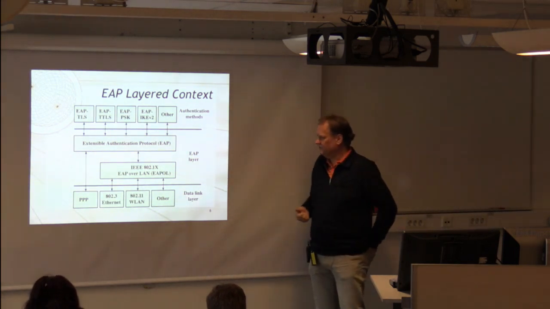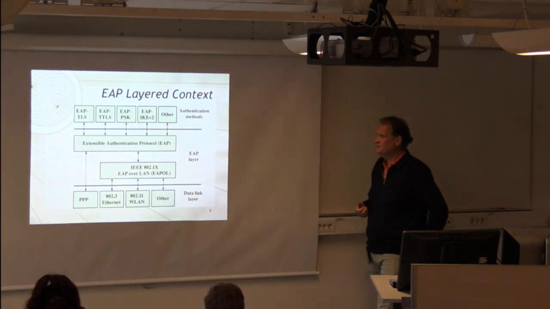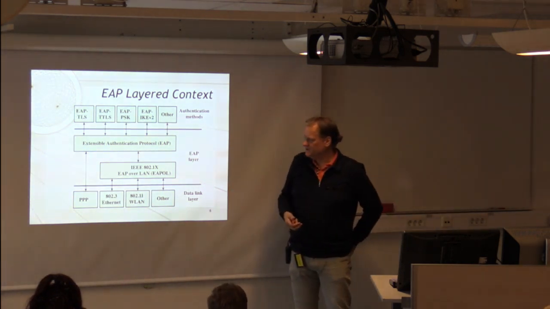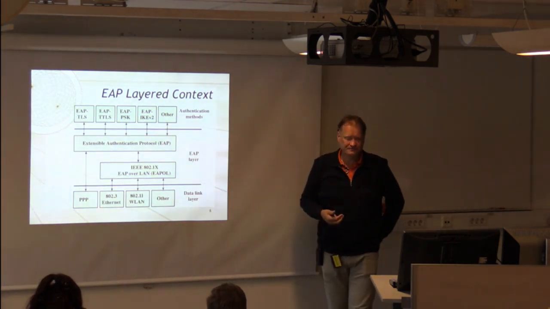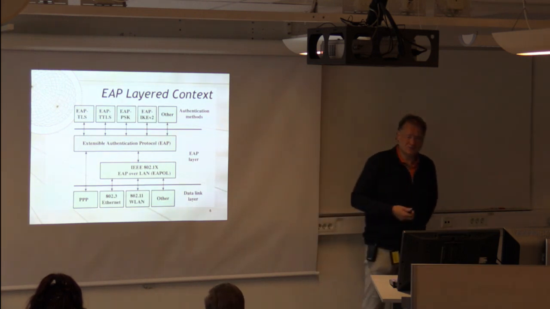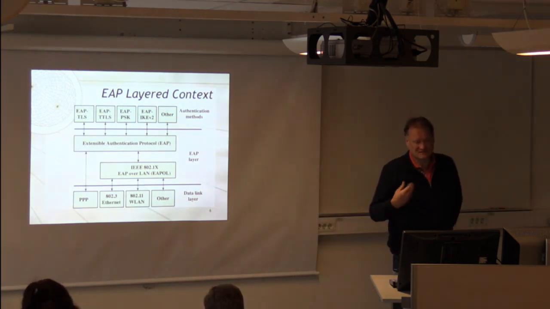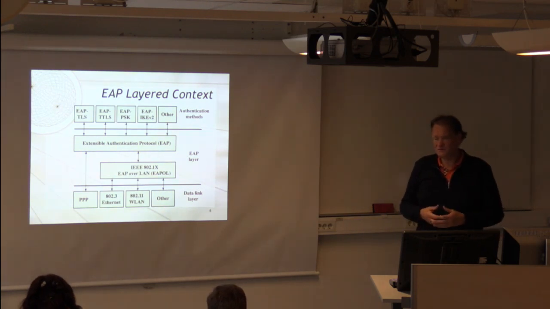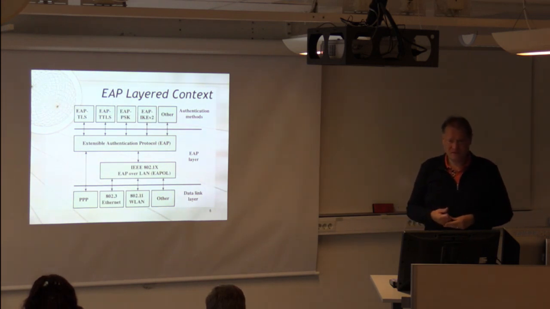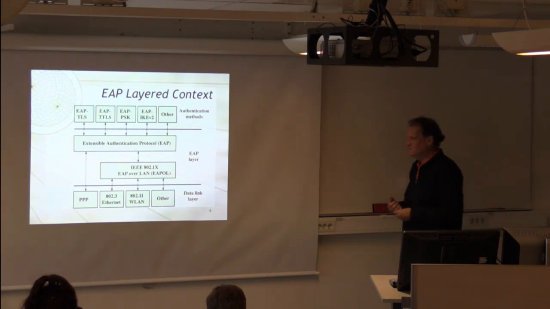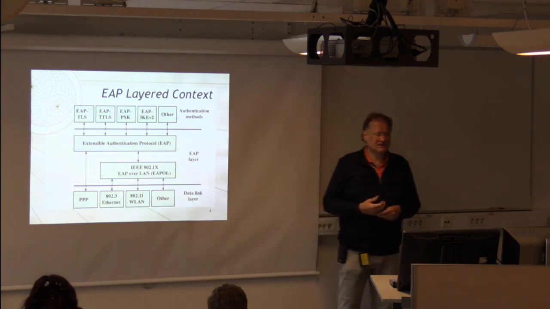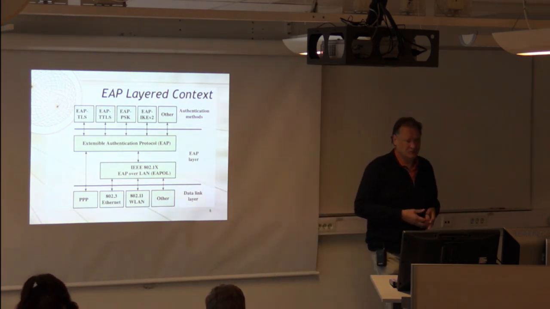Then we have something called an EAP layer, which EAP, as you see, stands for Extensible Authentication Protocol. And that is a protocol that is doing just that. It handles authentication. You need to prove who you are in some way. This EAP protocol we will look a little bit more closely at, but it's a framework for authentication.